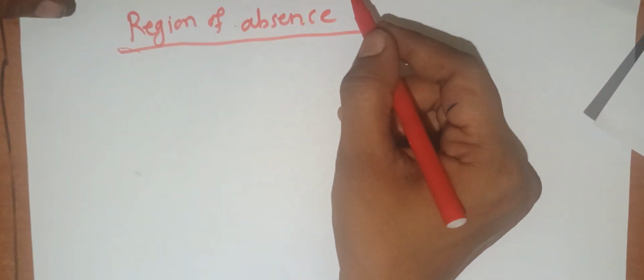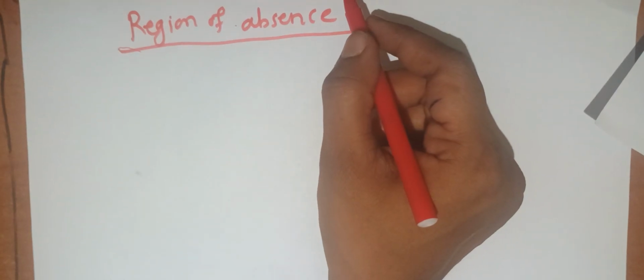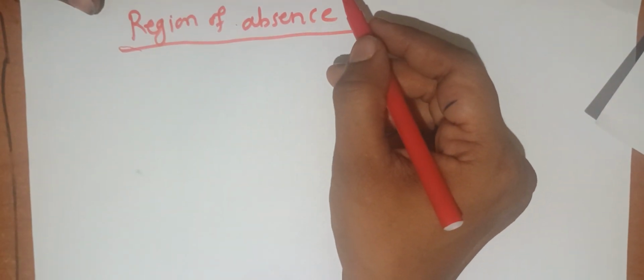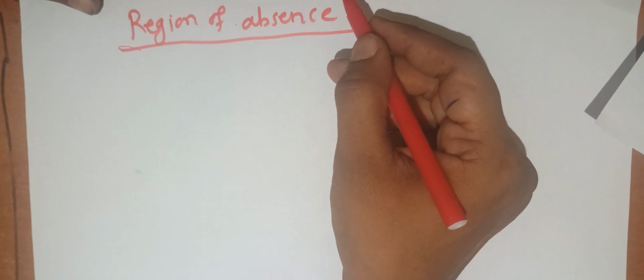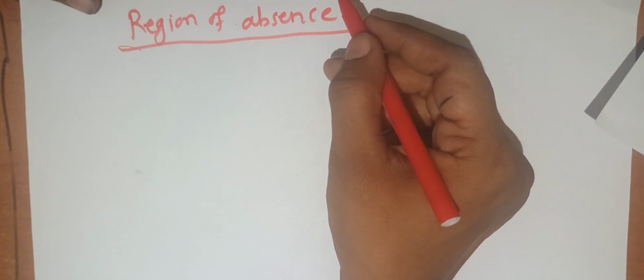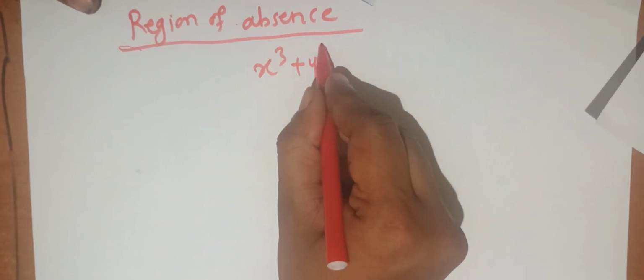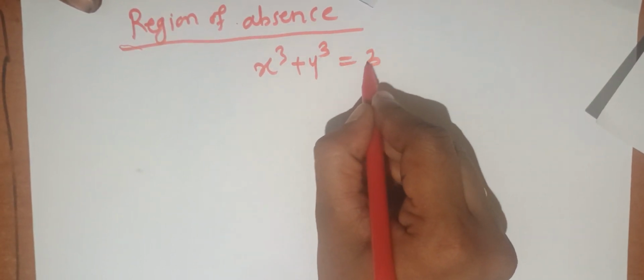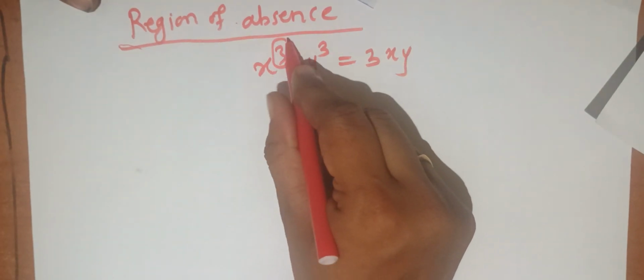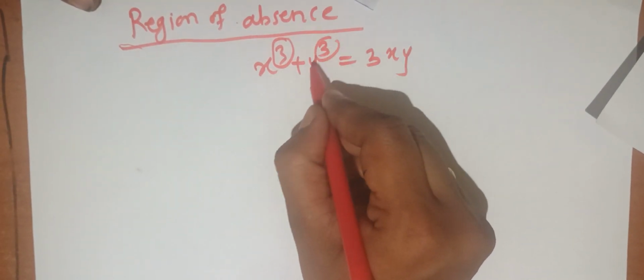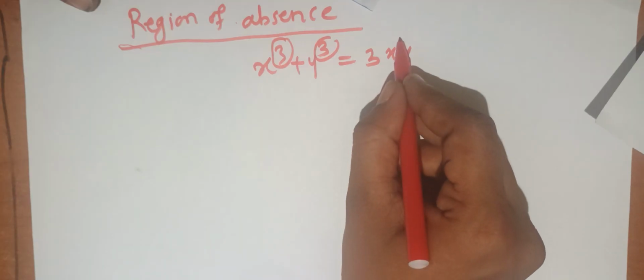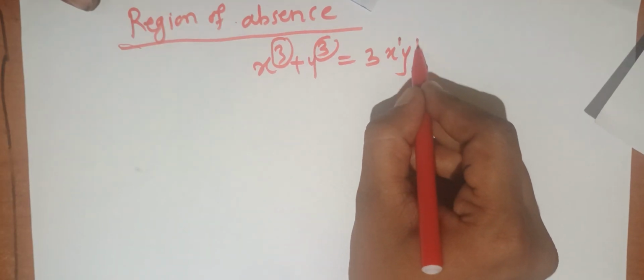When we find region of absence, if in the given equation of curve there are even powers of x and y, then we can find region of absence. But in our given example, there are no even powers of x and y. Here 3 is odd power of x, here 3 is odd power of y, and here power of x is 1, power of y is 1.